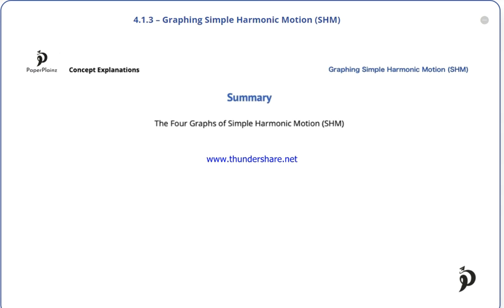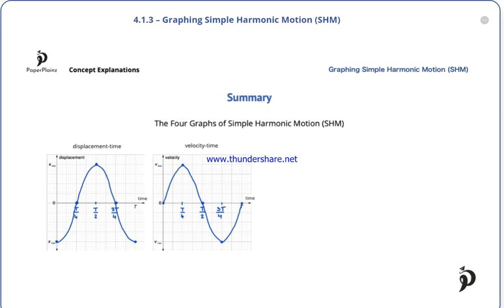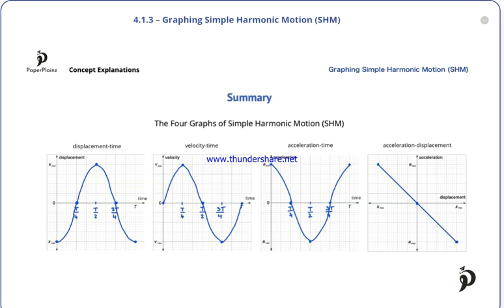We discussed the 4 simple harmonic motion graphs that are part of the IB Physics syllabus. These are displacement time, velocity time, acceleration time, and acceleration displacement. We mentioned that the shape of the first 3 graphs is similar, and that there is a phase difference between these graphs that we'll explore in the next video.